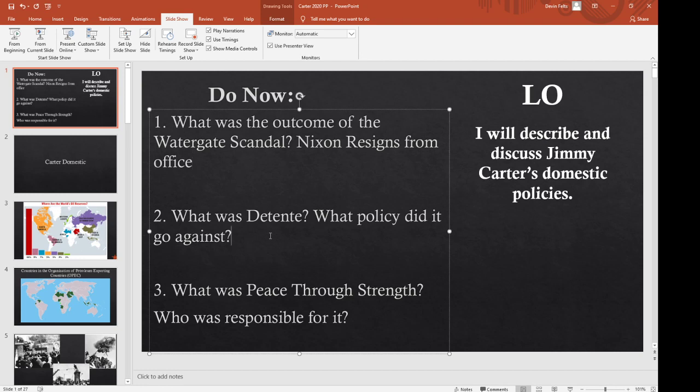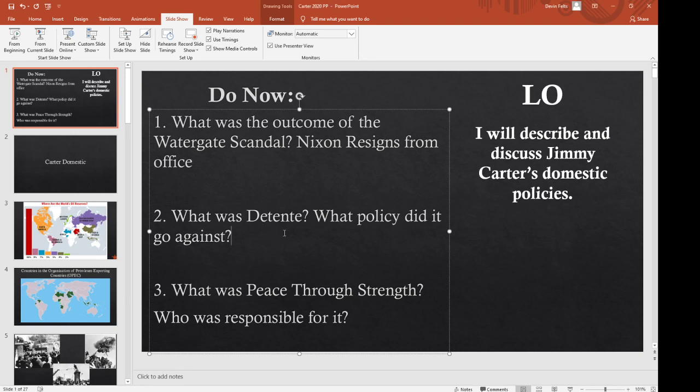What was détente and what policy did it go against? So we talked about détente after Vietnam. Remember, part of détente was Nixon pulling out of Vietnam, and then specifically it was his goal to improve relations with the Soviet Union, right?